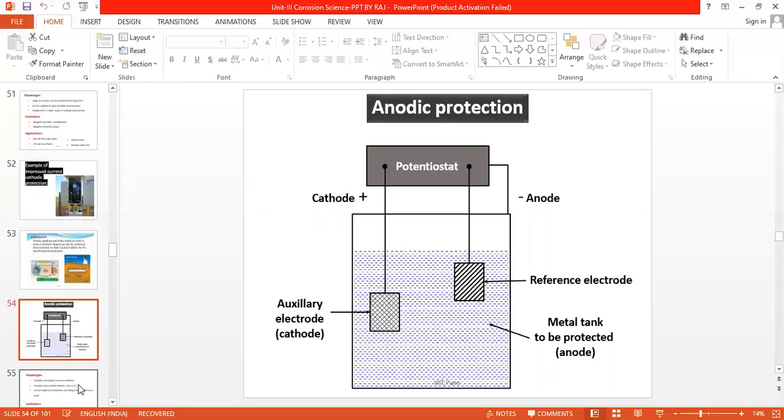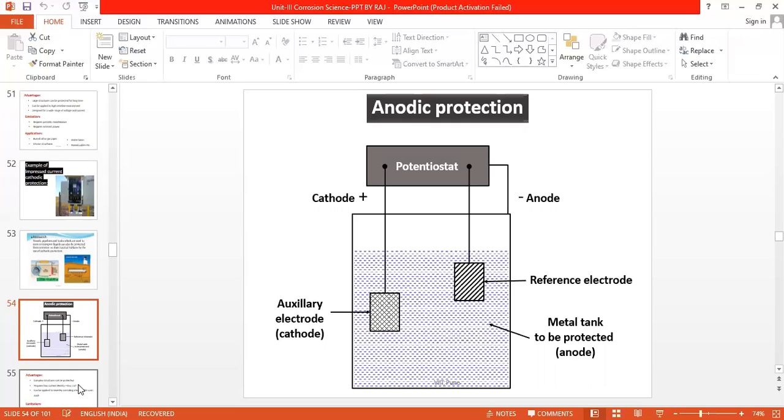So whatever electrons are given up by the anode, by applying the external current which increases its potential to lose the electron, are accepted by the oxygen atom present in the electrolytic solution. They will form the oxide ion. So metallic ion and oxide ion will form the metallic oxide layer on the surface of the anode, and they will passivate the metal from corrosion so that the base metal is protected from corrosion.